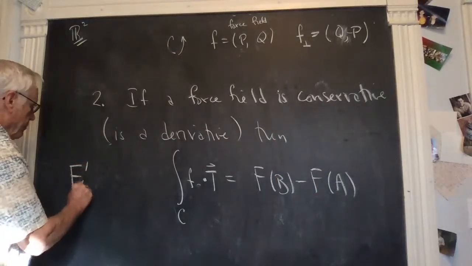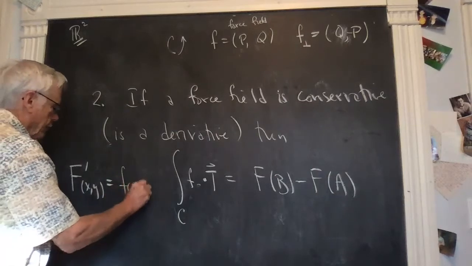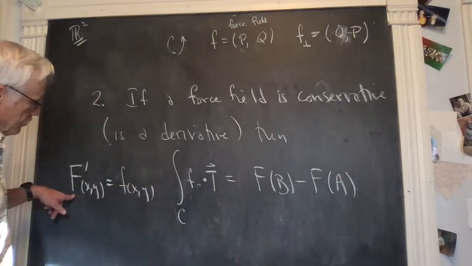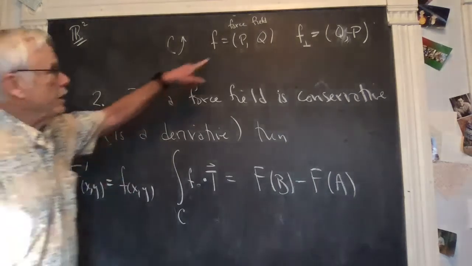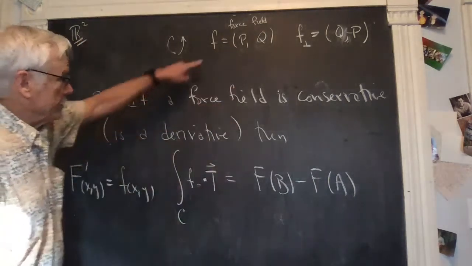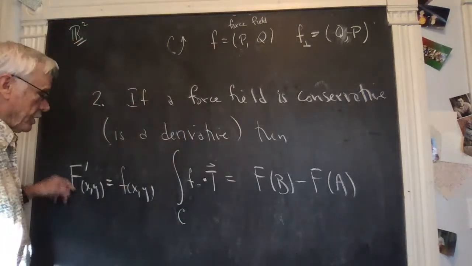So F prime of x and y equals f of x and y. F is a real valued function, so its derivative is an ordered pair, P, Q, and if its derivative is f, then this is a derivative, namely the derivative of capital F.